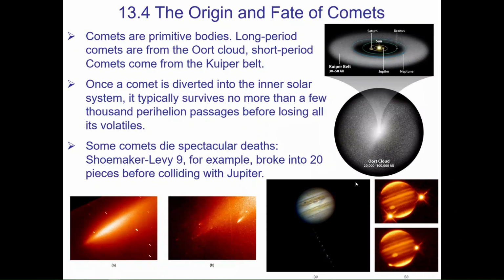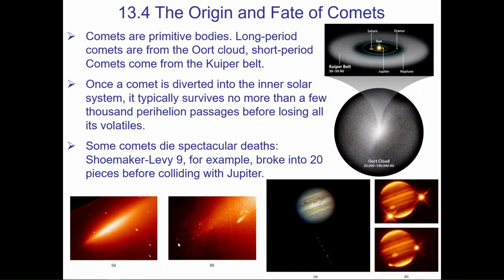This is a picture showing the Shoemaker-Levy 9 comet debris approaching Jupiter and colliding with it. You can see two images: a ground-based telescope image of the comet, and a close-up, much clearer image from the Hubble Space Telescope.